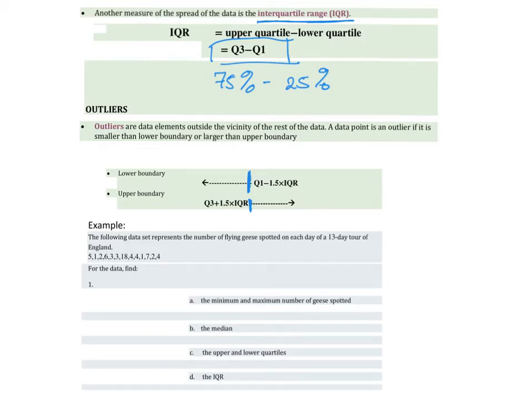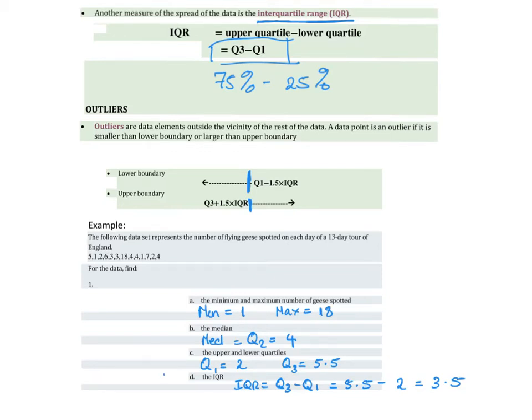And when you put it into your calculator, we get the minimum is 1, the maximum is 18, the median or Q2 is equal to 4, the 25% mark, the lower quartile, Q1 is equal to 2, and our upper quartile, which is Q3, is equal to 5.5. So they're the things we can read off the calculator.